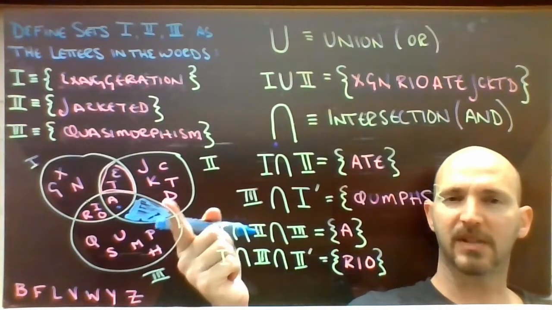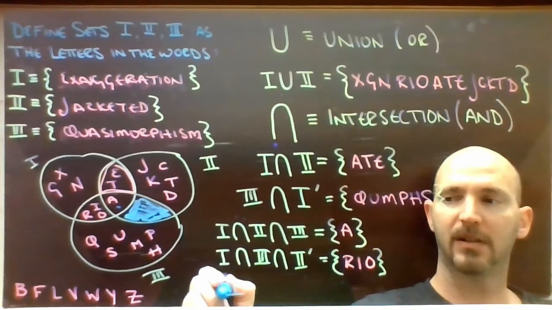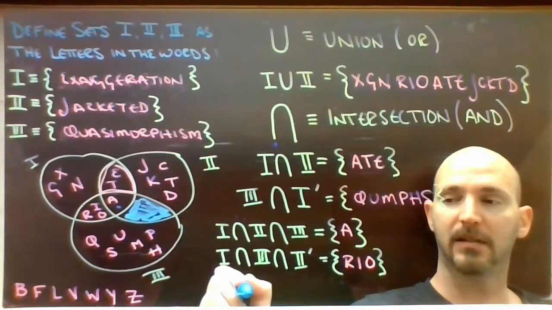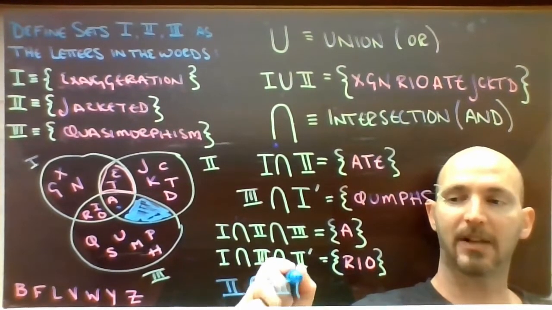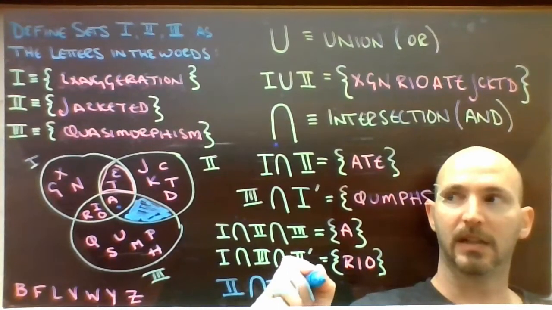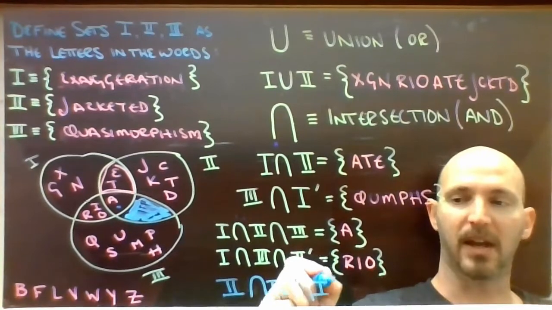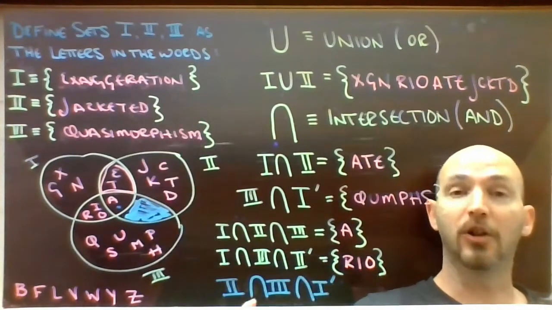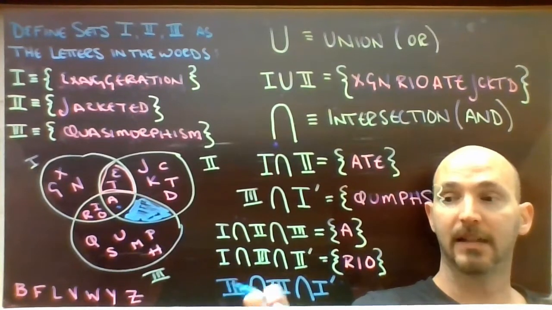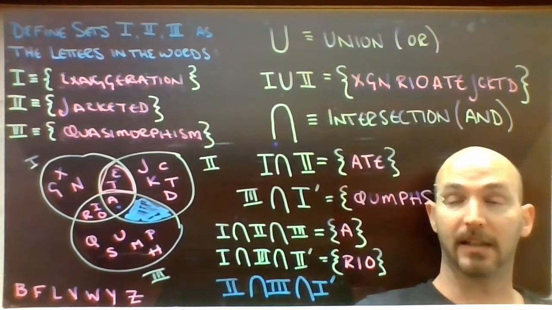So this particular section then would be the letters in jacketed and quasimorphism, but cannot include the letters in exaggeration. And to say not, I put the little prime on there. And of course, if you were to go through the list, there are no letters that are in jacketed and quasimorphism that don't also happen to land in exaggeration.